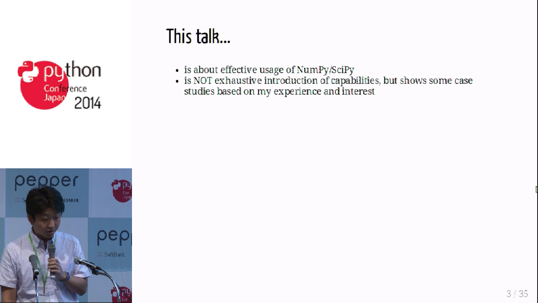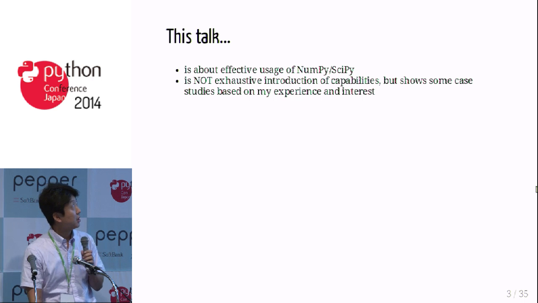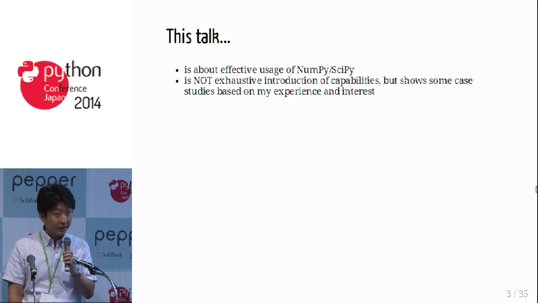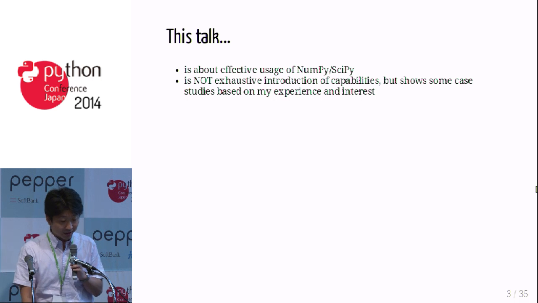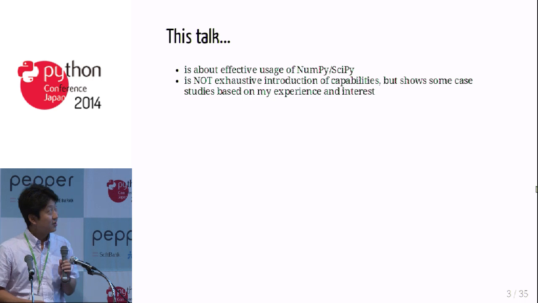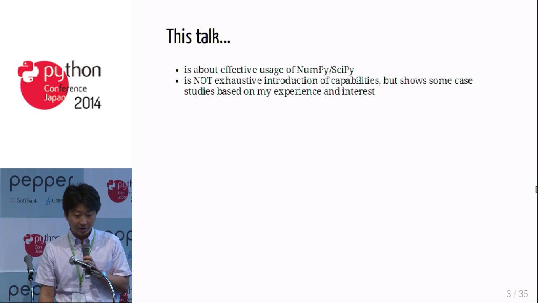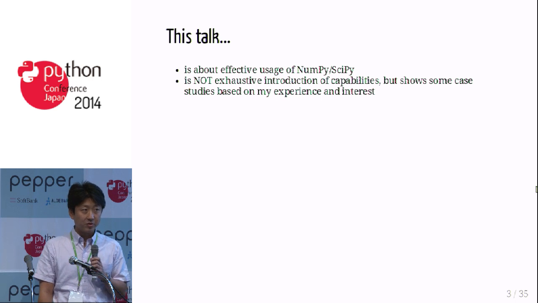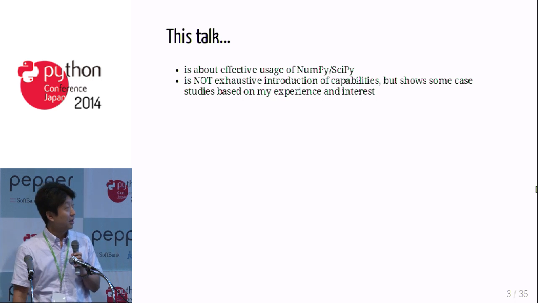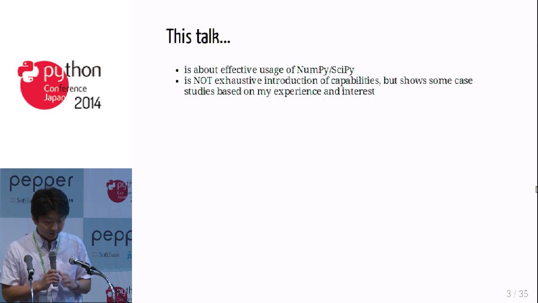So this talk is about effective usage of Numpy and Scipy, especially about the computational speed. And this is not an all-inclusive introduction of the capability of Numpy and Scipy, and just shows some interesting topics according to my experience.